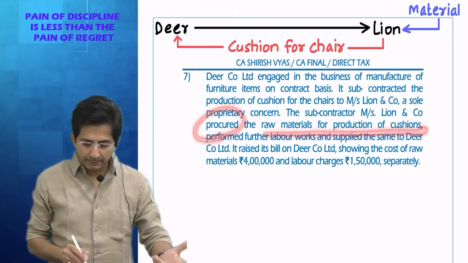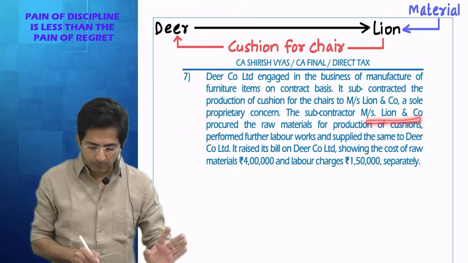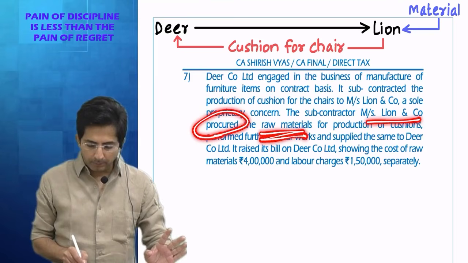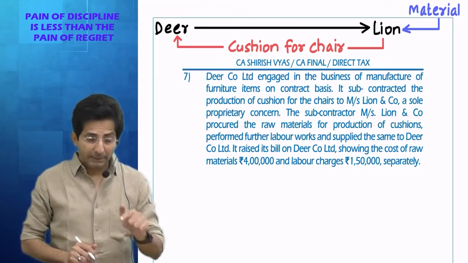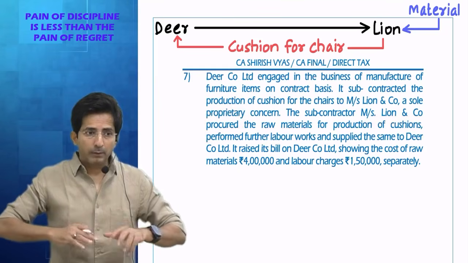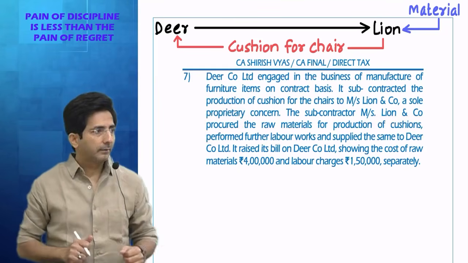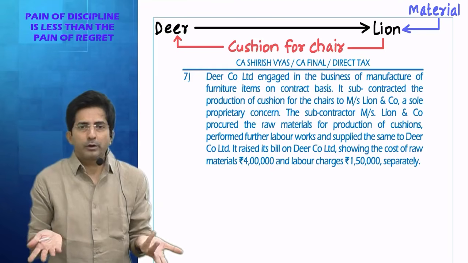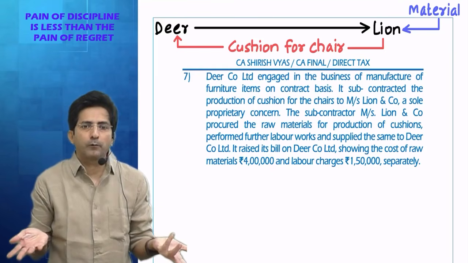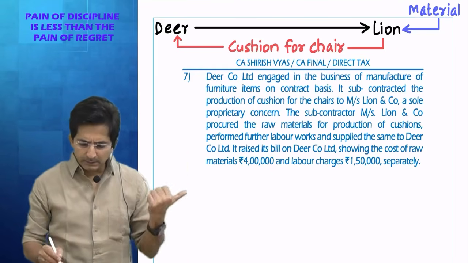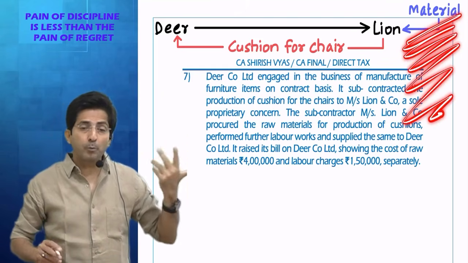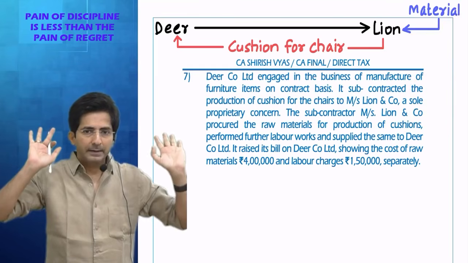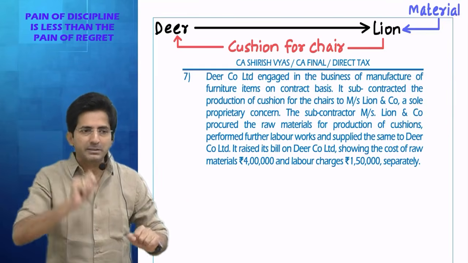They have clearly given Lion and Company has procured the raw material for production of cushion. But from where? Have they said that raw material was given by Deere only? It's not given. And procured is a general term. Procured means procured from the open market. So, since the raw material, look at my drawing, was procured from the open market, that means that condition is not satisfied.